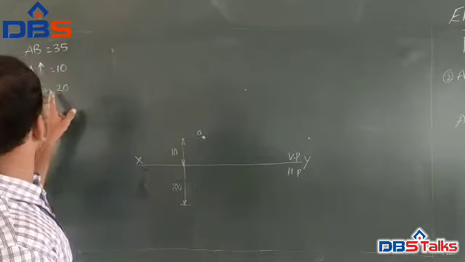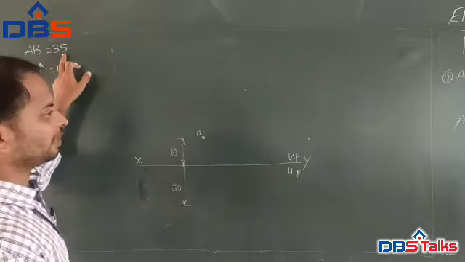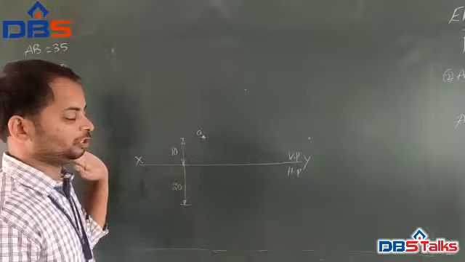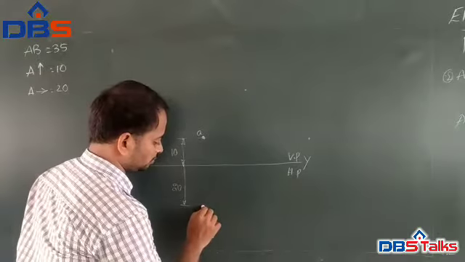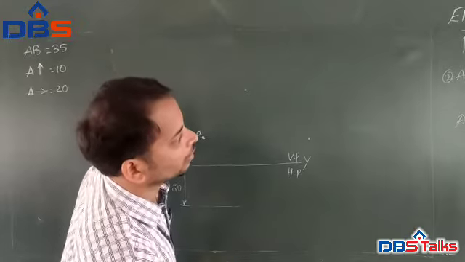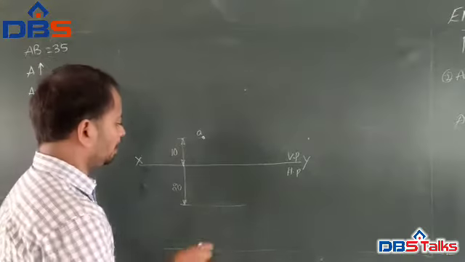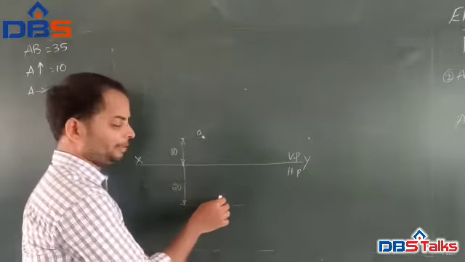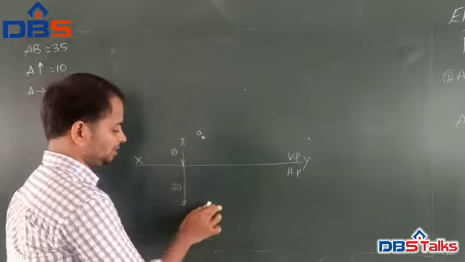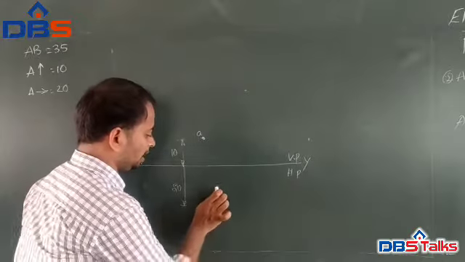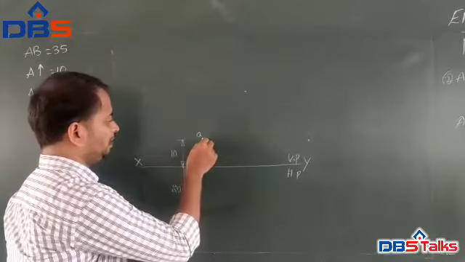Then what is the length of the line? It is 35 mm, which is perpendicular to VP and parallel to HP. So it is parallel to HP and perpendicular to VP.